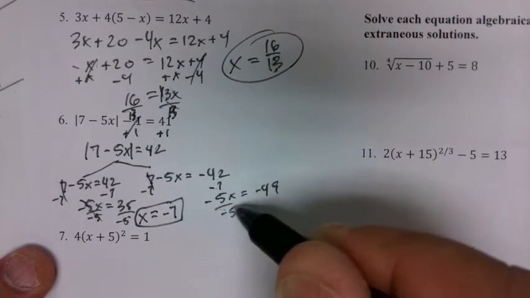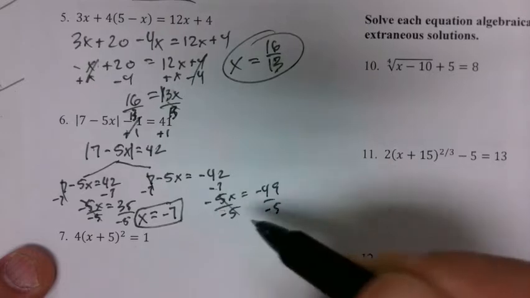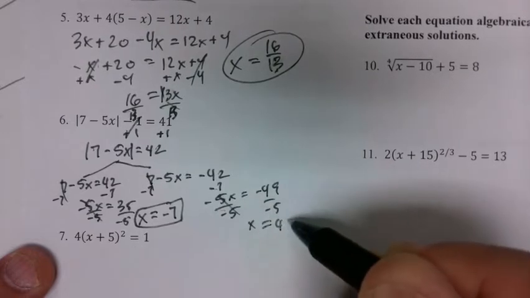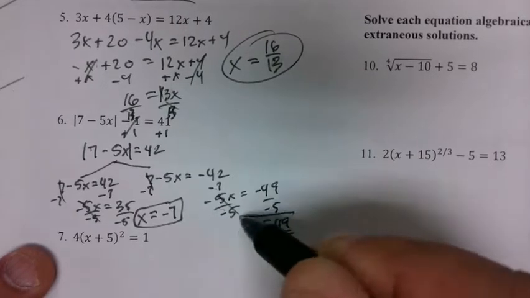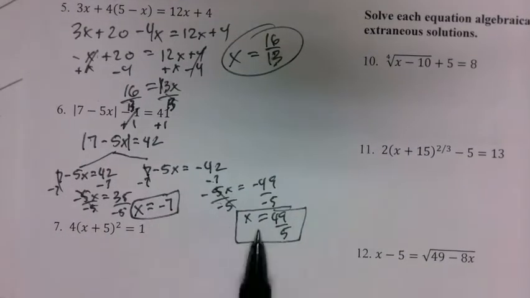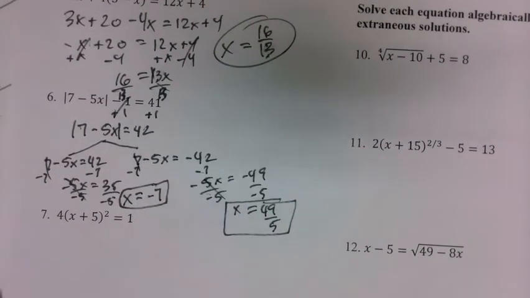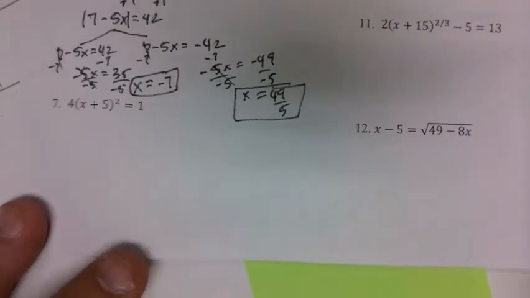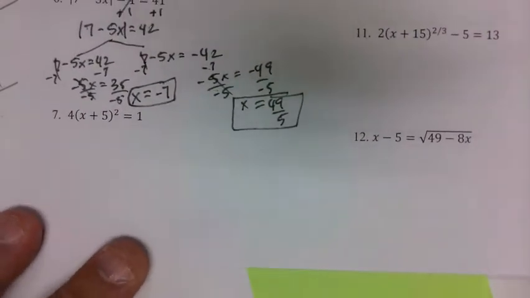And if I divide by negative 5 on each side, I get x equals 49 fifths. So these are my two answers. X equals negative 7, x equals 49 fifths. I'll be honest, on the practice test, I did kind of squish things together so I could put it on one page. The real test, you'll have much more room.